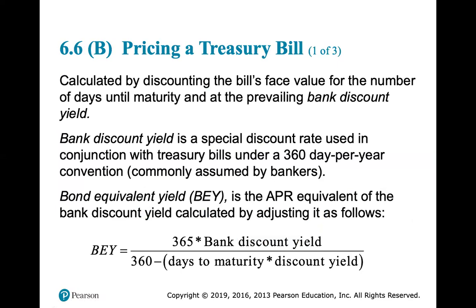So the bond equivalent yield is the APR equivalent of the bank discount yield, calculated with the following formula. You're given the bank discount yield and the days to maturity, then you can calculate the bond equivalent yield. Again, it is the special discount rate which is used in conjunction with treasury bills.